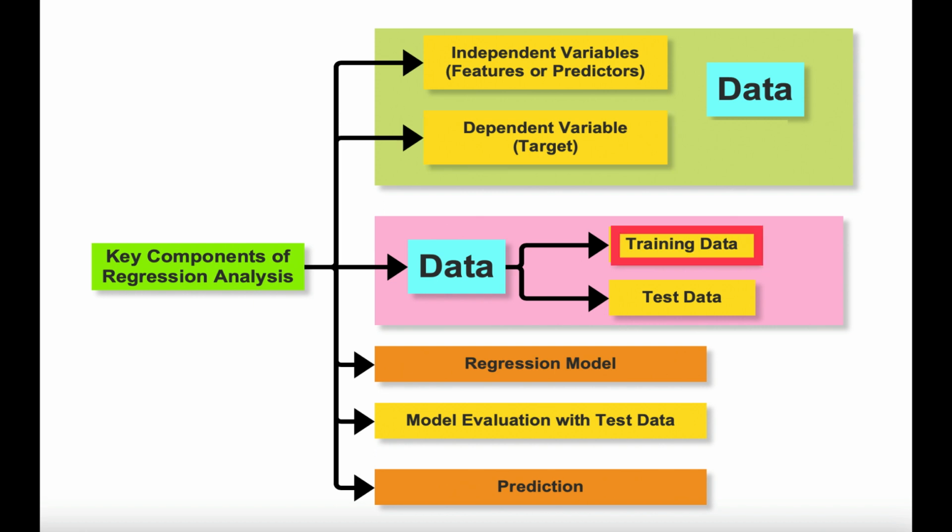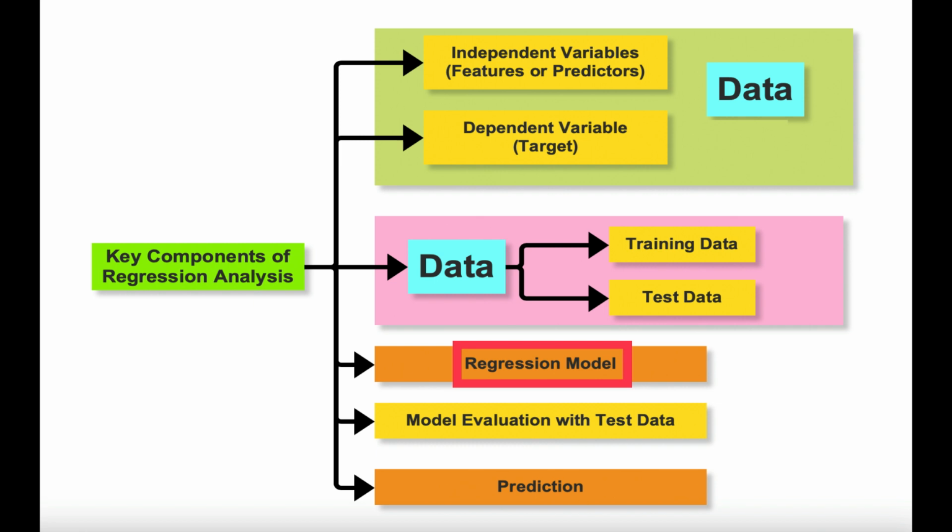Training data. Regression models are trained on a dataset that contains historical or known values of the dependent and independent variables. The model learns the relationship between the variables from this data. Regression model. It is a statistical model that represents the relationship between the dependent and independent variables.